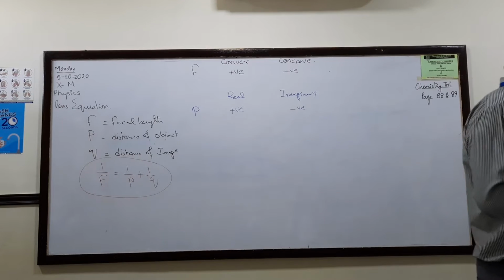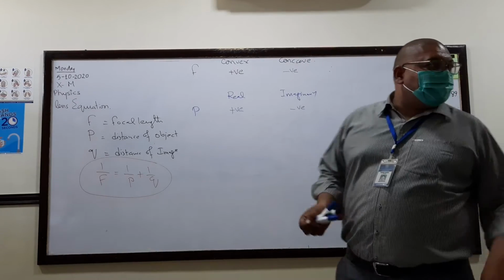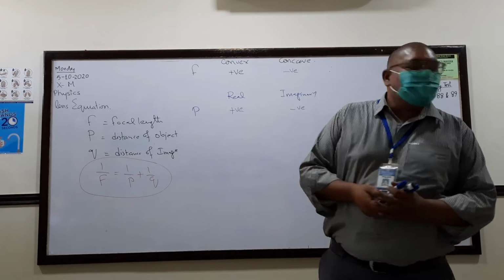But the thing is that if the object is real, the p value is taken as positive. If the object is virtual, the p value is taken as negative. But in your syllabus, in the numericals which are in your book, in none of the numericals is the value of p negative. None of the numericals. So this is the good news.